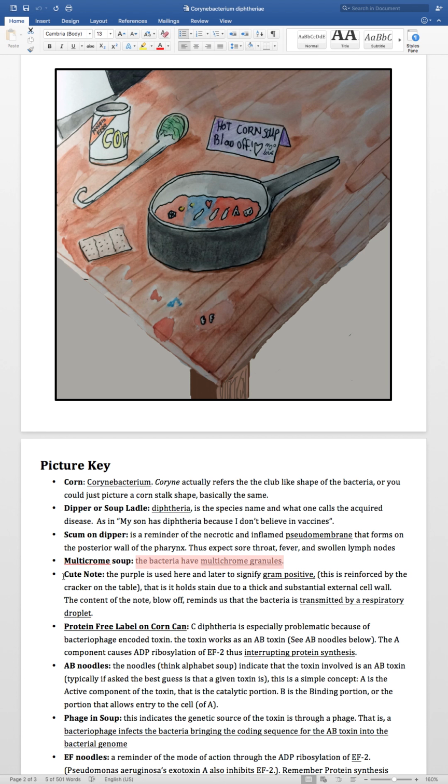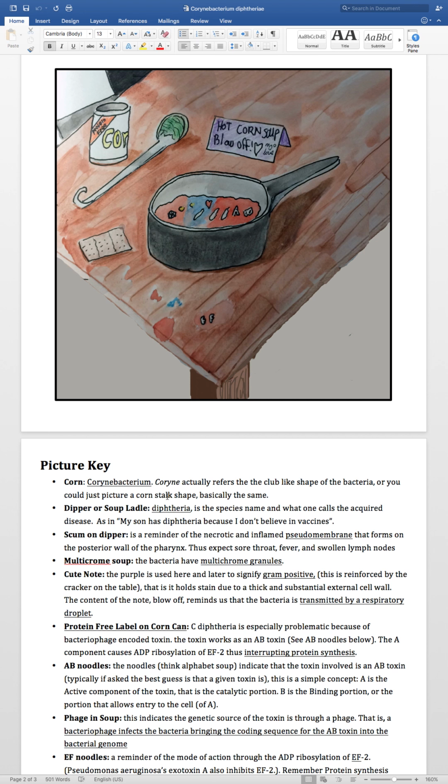And also part of that is the purple color used on the note, reminding us that this is gram-positive. I use purple for all gram-positive bacteria and pink for gram-negative because the gram-positive hold more color in their external cell wall and therefore are purple.